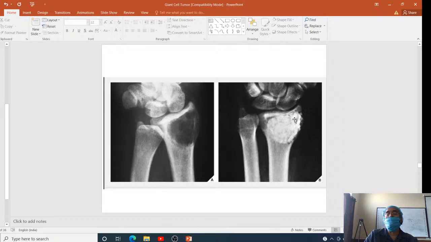This is the appearance of the bone graft immediately after the surgery. It is a sclerotic mass, and over a period of time it will get incorporated. There is something called creeping substitution. That means the blood vessels will grow into the graft, and the whole graft will become absorbed and become normal bone.